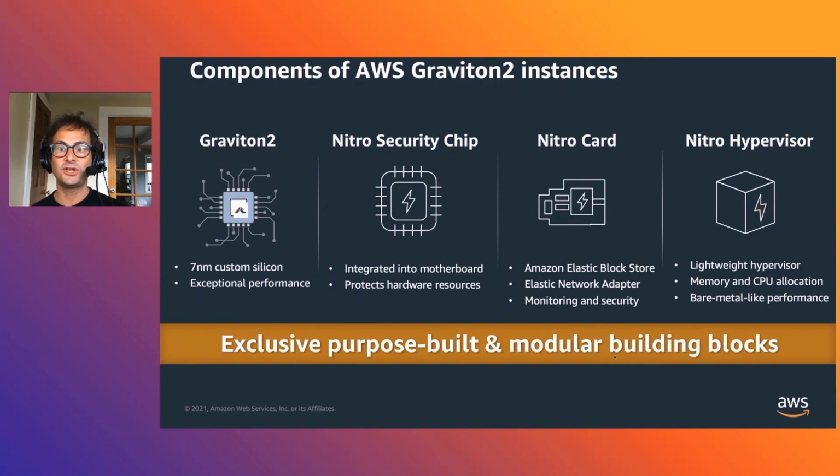They use the Nitro cards that are exposing the EBS devices, our network adapters, and that are providing monitoring and security features for the Graviton2 based instances. And they all use the Nitro hypervisor, which is our new generation lightweight hypervisor that is providing bare metal-like performance to virtualized instances.